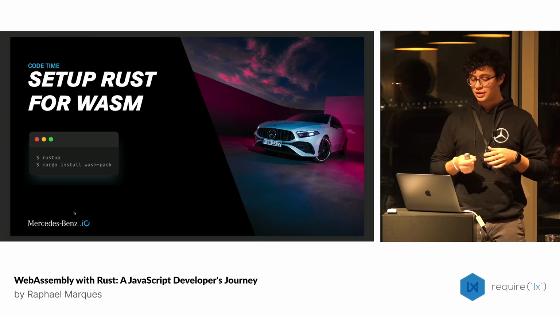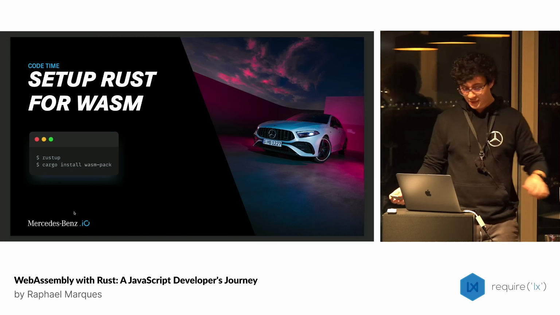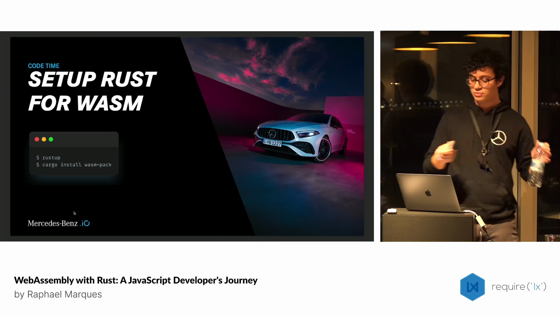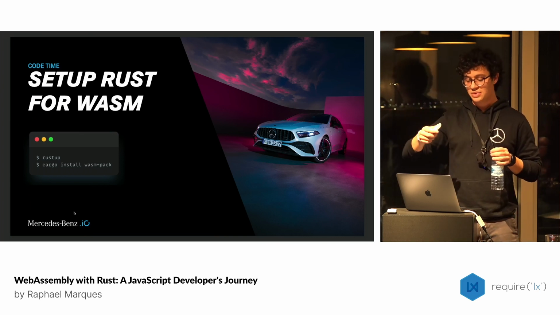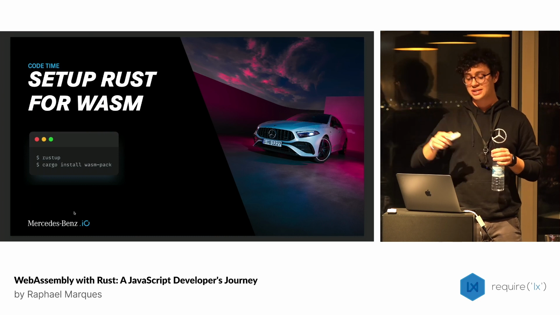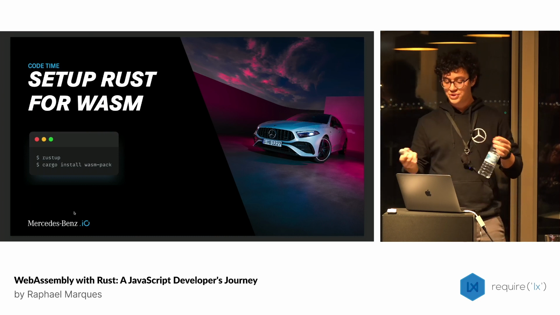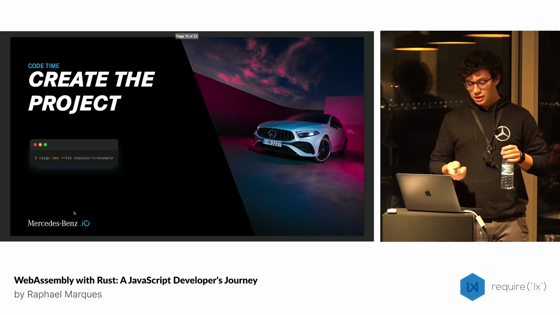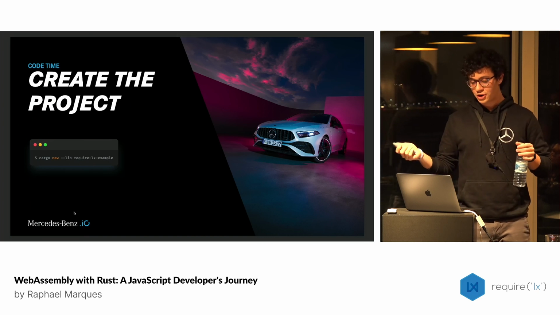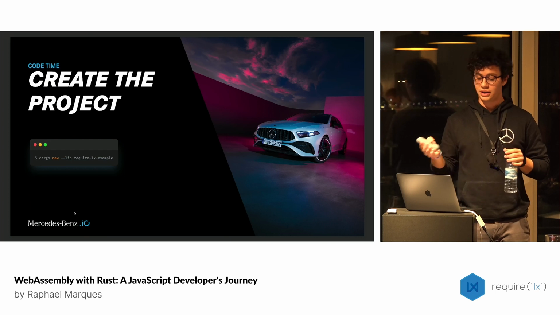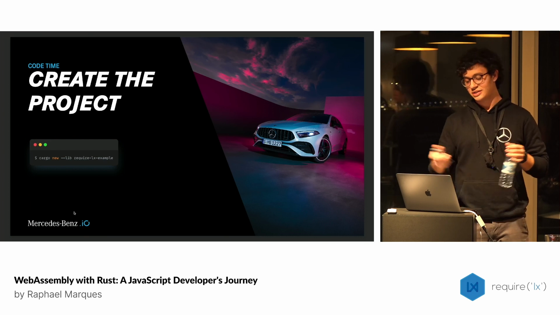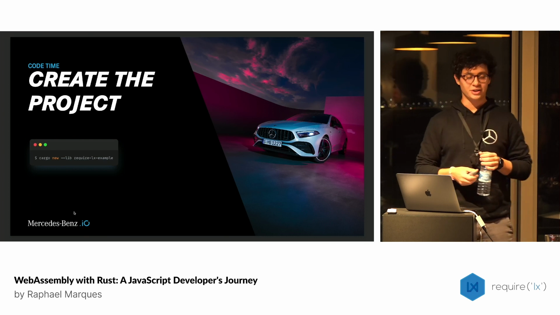Then we're going to install wasm-pack, which is the one I just mentioned, that will be responsible for compiling your Rust code to WebAssembly and then to JavaScript. Then it will be available for us. After that, we can create the project. We just run this command here, cargo new --lib, which will be a lib, and then the name of your project. I was very creative and just named it a Lex example.